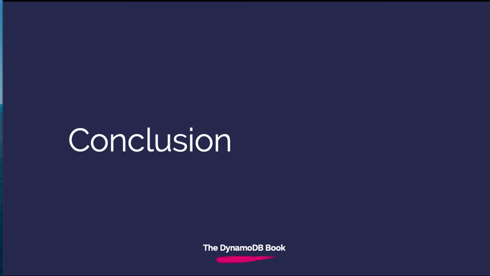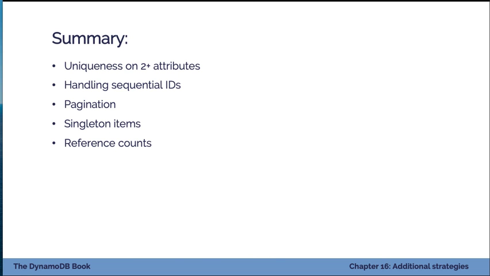That concludes this chapter where we looked at 5 additional strategies you might want to use. Just a summary of what we covered here. Number 1, how to handle uniqueness on multiple attributes. Remember, we said to create a tracking item for each of those attributes to make sure that you handle that in that primary key. Number 2, we talked about how to handle sequential IDs using that 2-step process of first incrementing that parent and then using that value that's returned to create that new item.